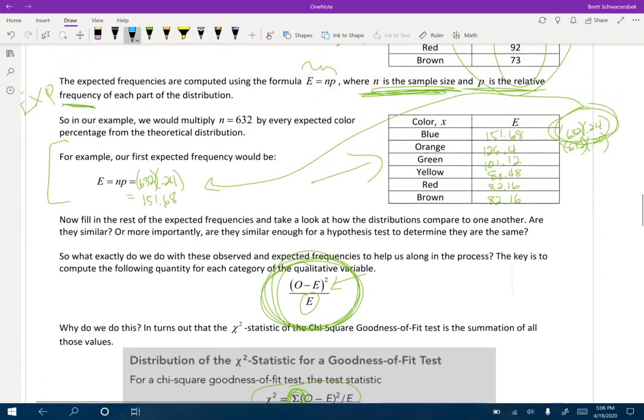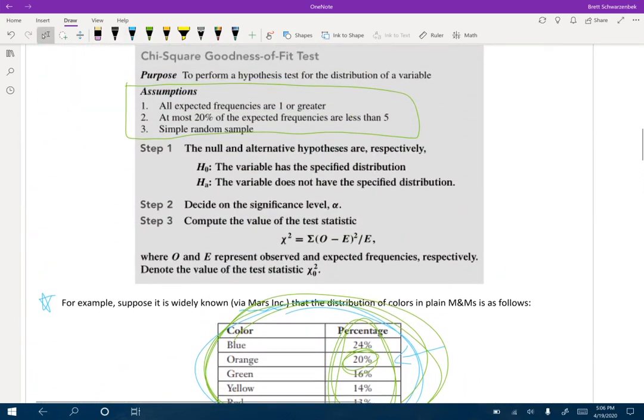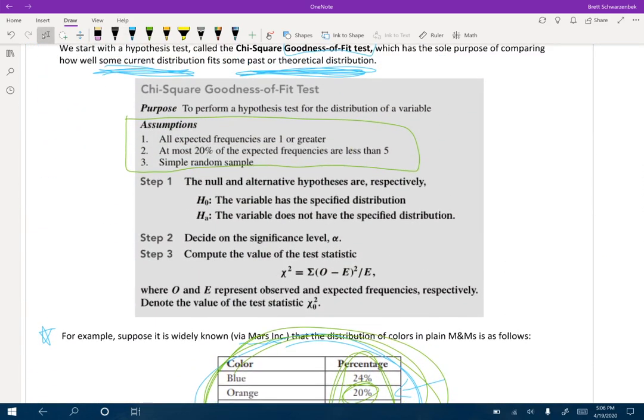There's another requirement, that at most 20% of the expected frequencies are less than 5. Basically you want to make sure they should all be bigger than 5. That's what you want them to be. But if they aren't, then at most 20% of them are less than 5.